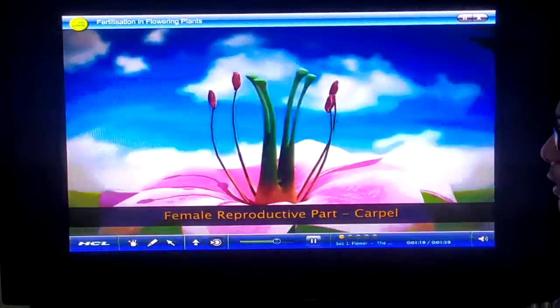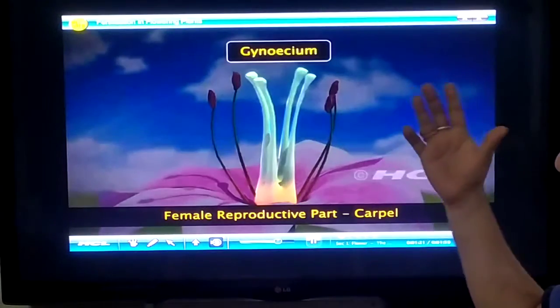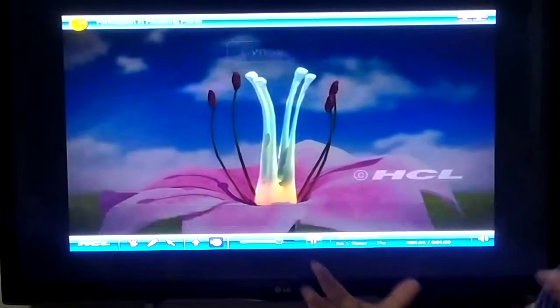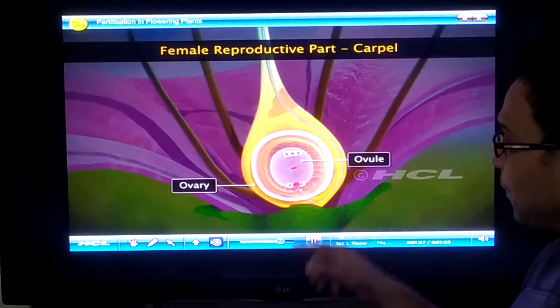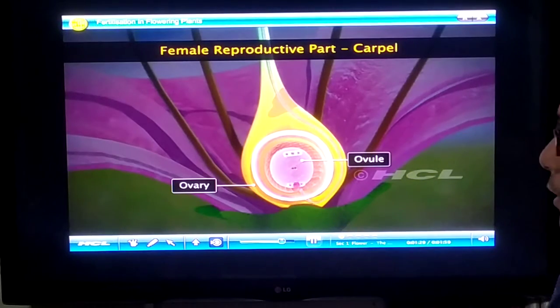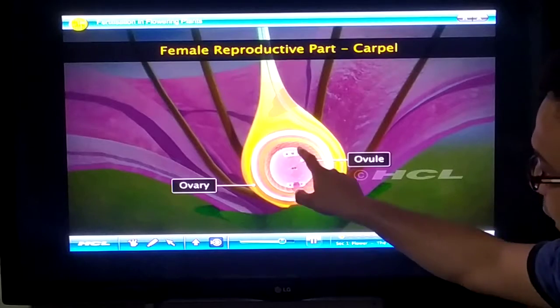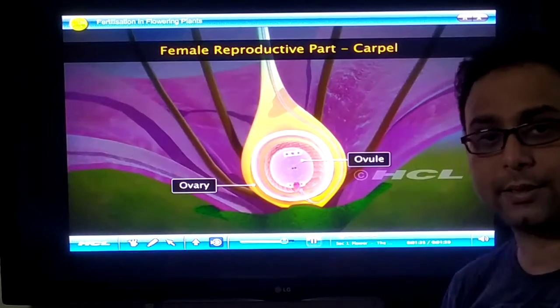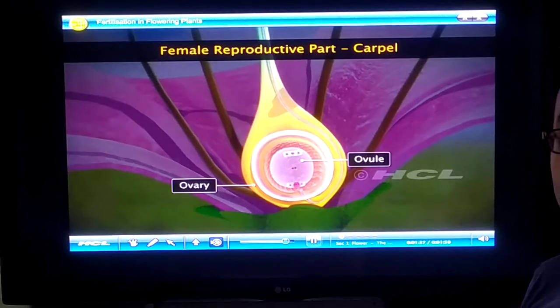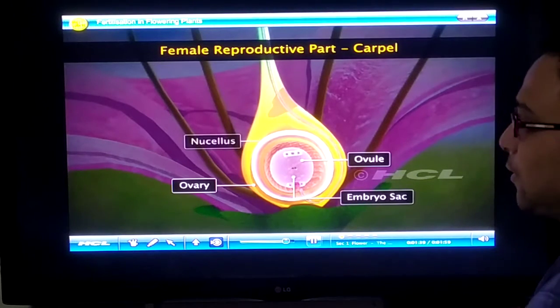Inside the ovary, ovules are present, and inside the ovule, the embryo sac is present, and in the embryo sac, the egg cell is present, which participates in the fertilization process.